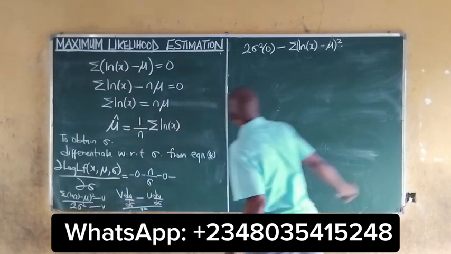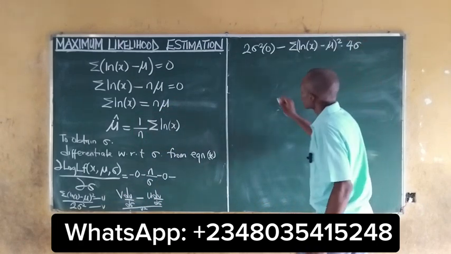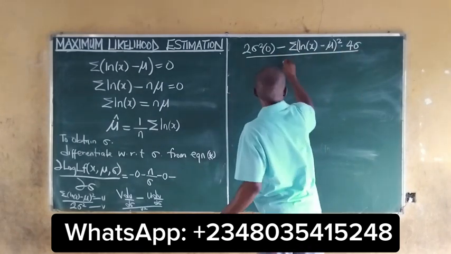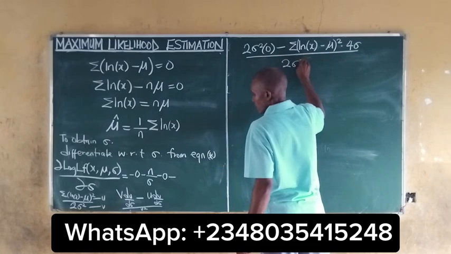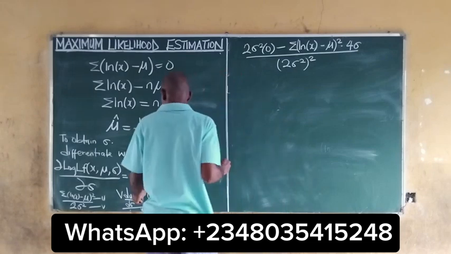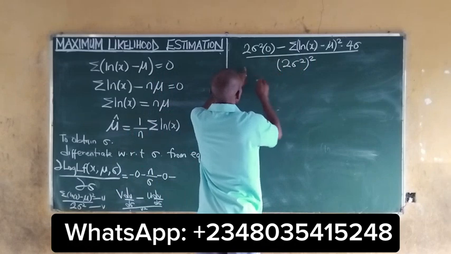If we differentiate this, we get 4 sigma, all over v squared, which is 2 sigma squared raised to the power of 2. So if we cancel that, this becomes 0.